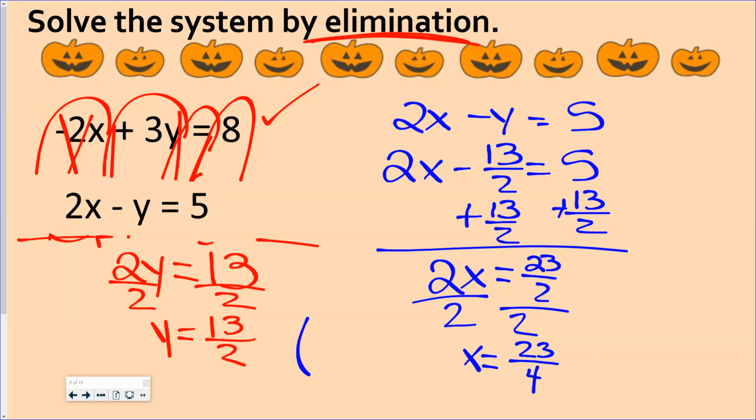So then my final answer is 23 over 4, comma, 13 over 2.